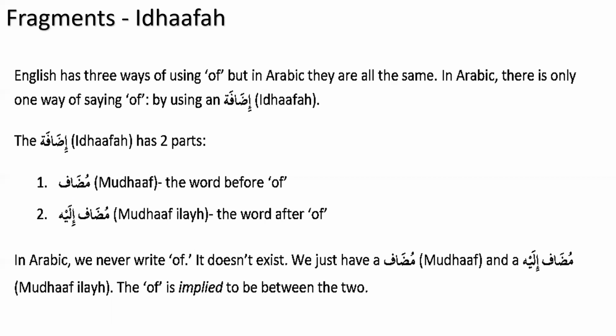So all these 3 have "of." In the first one, you can see the "of" literally. In the second one, the apostrophe s gives you the meaning of the "of." In the third one, the word "his" gives you the hidden "of," as if there's a hidden "of" there. So in English, there are 3 ways to say this, but in Arabic, it's only mudaf and mudaf ilayh.